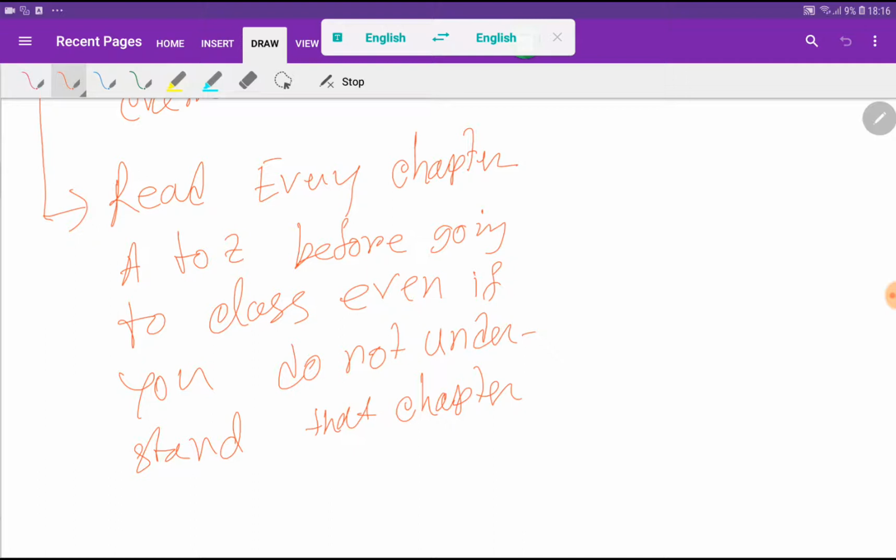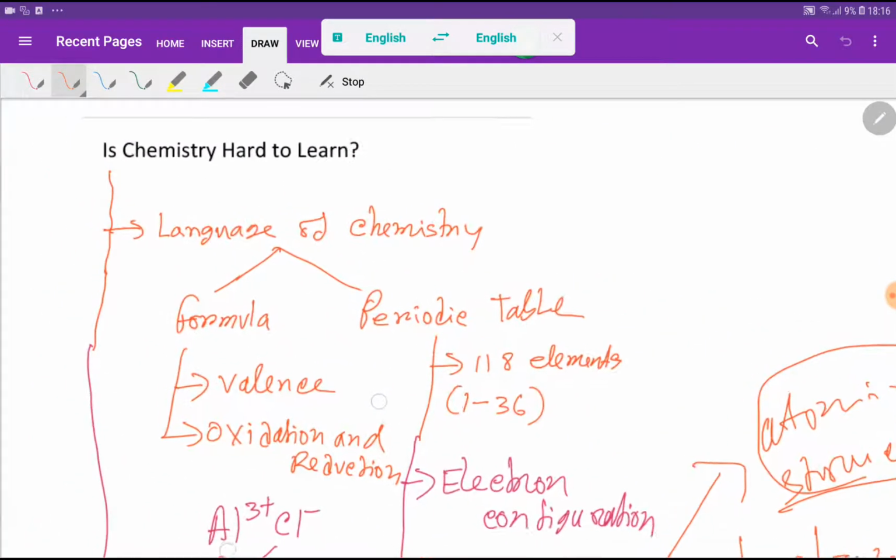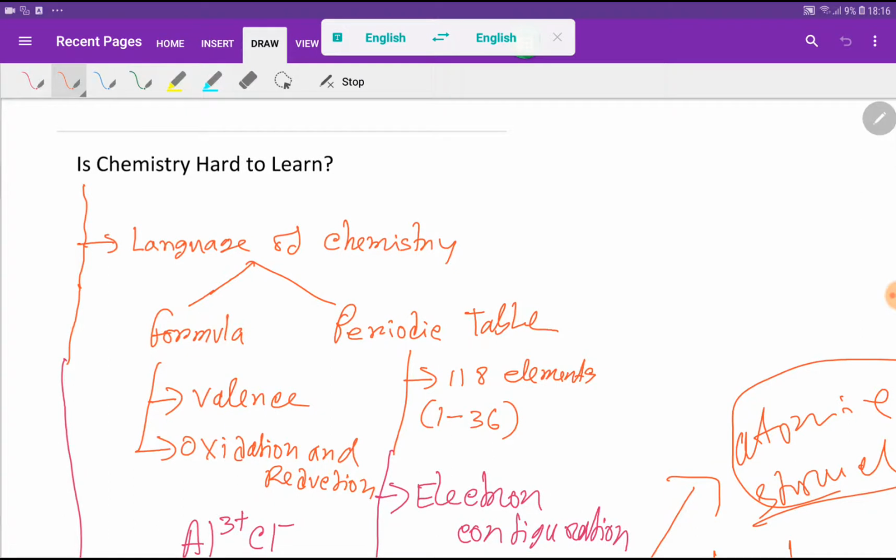If you follow this type of advice, I hope, believe and expect that you will do well. You will do well in your chemistry exam, right? Actually, chemistry is not hard. You have to know the language of chemistry, like your mother tongue.